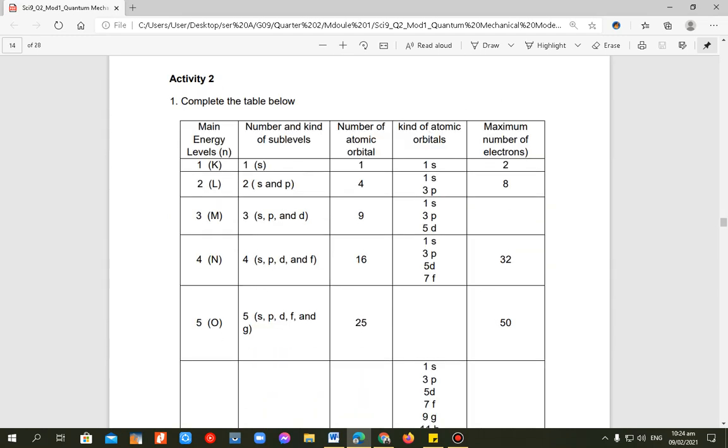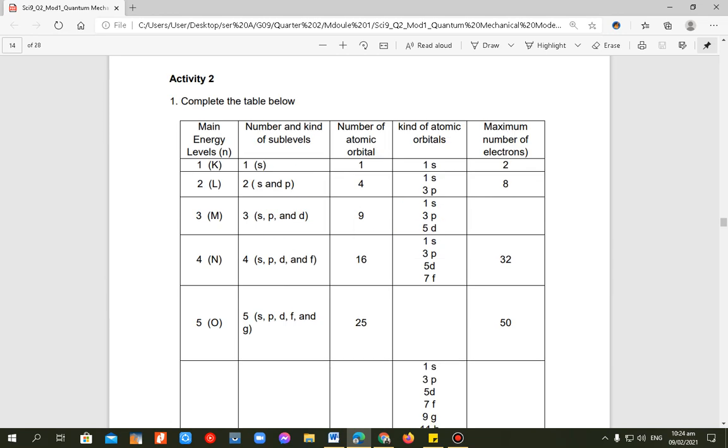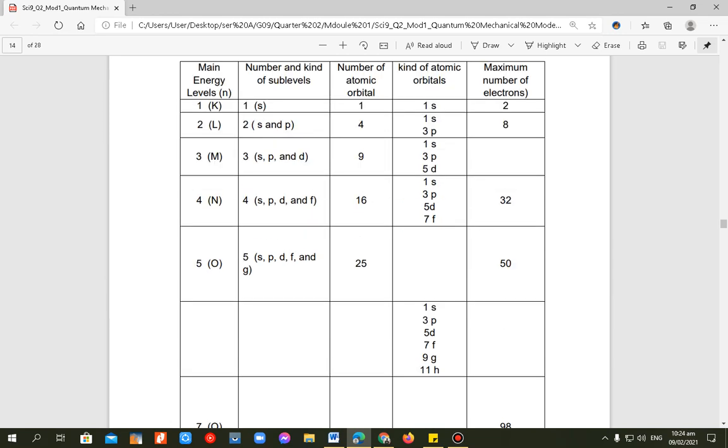Kung paano ba nakuha itong main energy level, number and kind of sublevels, number of atomic orbitals, kind of atomic orbitals, maximum number of electrons. Dito po, as you can see, yung main energy levels po natin, meron po tayong 7. So, N1, N2, N3, N4, N5, N6, N7. Main energy level can be associated to K, L, M, N, O, and so on and so forth.